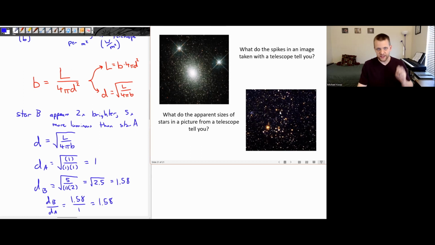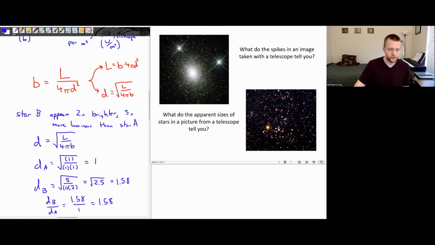What you're seeing here is that the brighter the star, the more some of that starlight bleeds over into neighboring pixels on the camera that's taking this image. So when you look at an image like this, the larger the object doesn't necessarily mean it is physically larger. It means those objects are brighter on the telescope, and some of that light is bleeding into some of the nearby pixels.